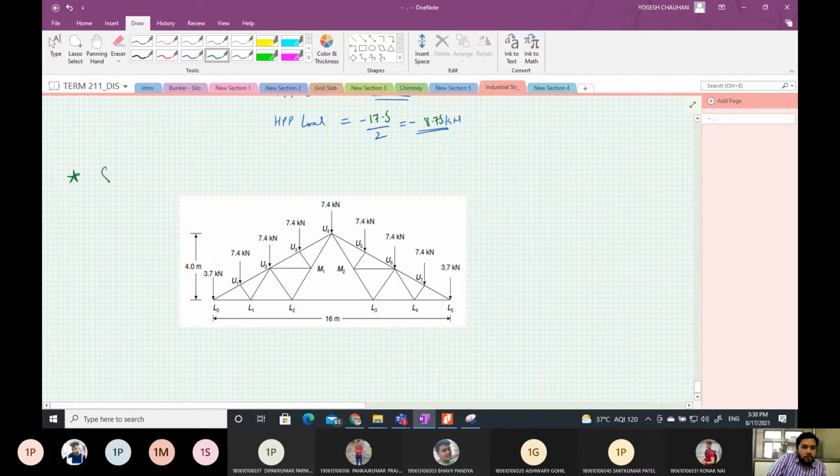This is the space diagram, or simply load diagram. So this is the figure showing dead load at panel points. So these are the half panel points and these are the full panel points.